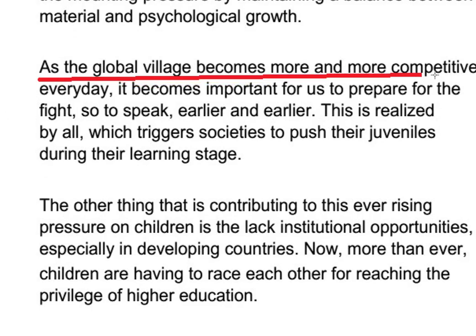Here we have Global Village is more competitive every day. Okay, so here a cause is identified, but it's not clearly identified as a cause. We don't see the word cause, we just see the word as. The writer didn't use a phrase like as a result of the Global Village becoming more and more competitive.